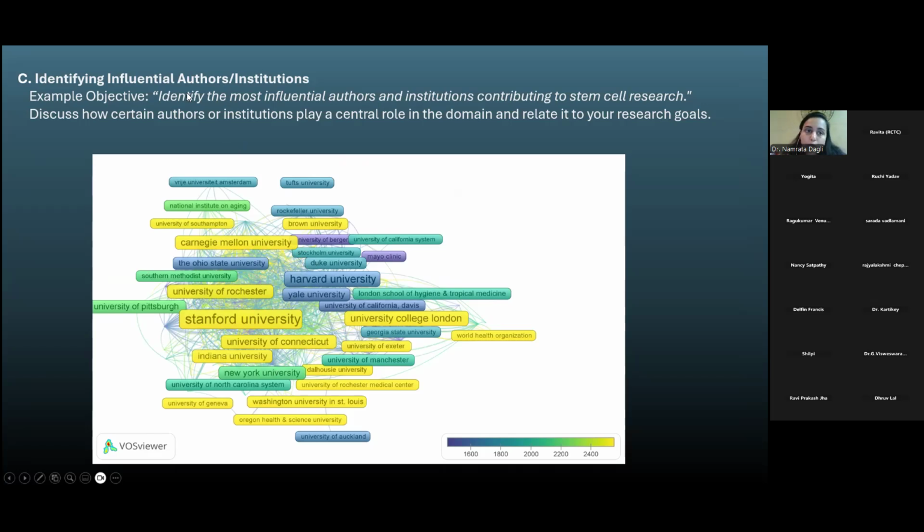Okay, so if my objective is to identify the most influential authors and institutions contributing to XYZ research, then I need to check what the most influential authors are, in which year, and which institution is publishing more. So we can see here that Stanford University is doing well, and the biggest frame is of Stanford University, so we can mention it in results.